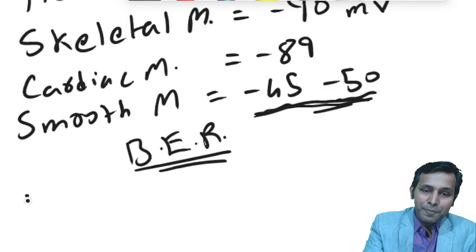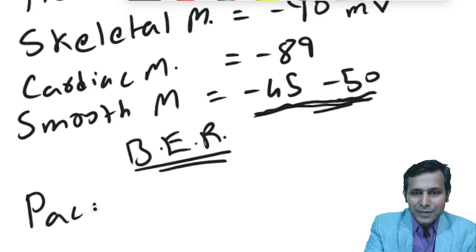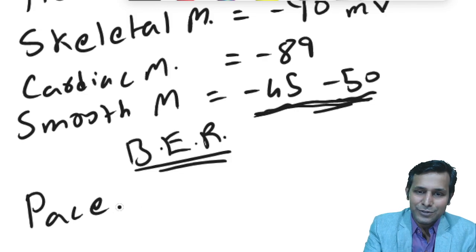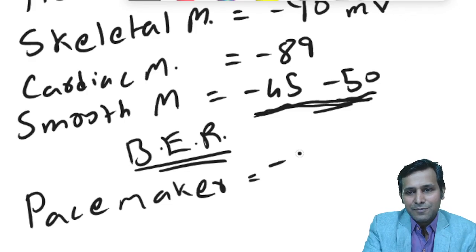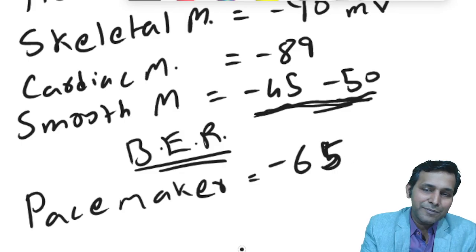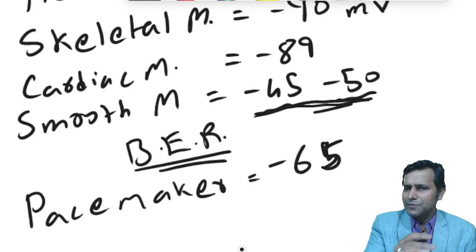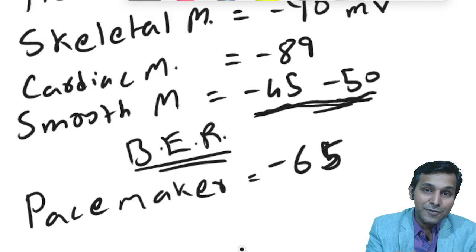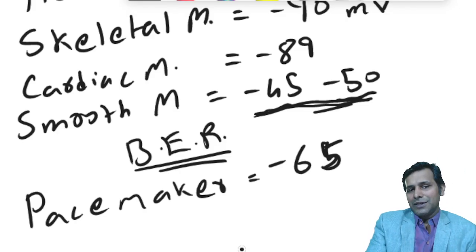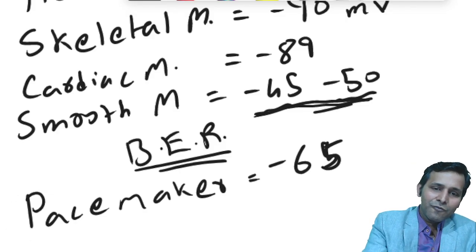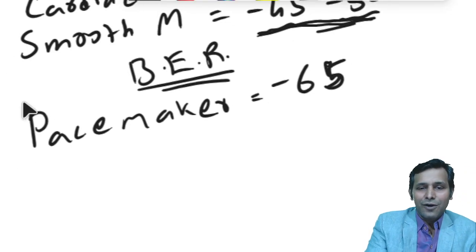Then for pacemaker cells, for example SA node and AV node, what will be the RMP here? For pacemaker cell, the RMP is minus 65 millivolts, although some books mention minus 60 millivolts. So it is something around minus 60 to minus 65 millivolts. Then what will be the RMP of, say, RBC?